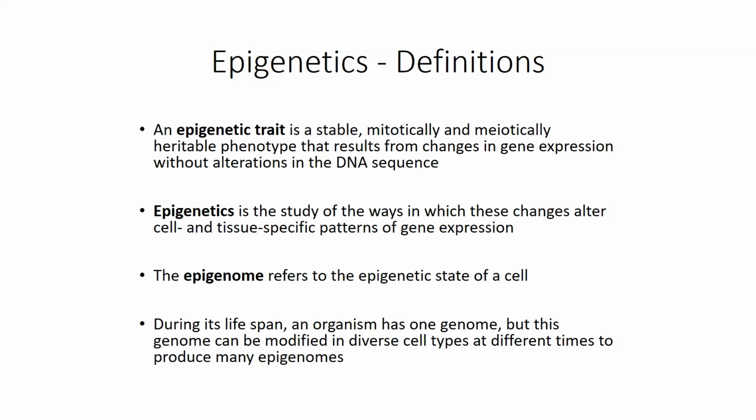The epigenome refers to the sum of all the epigenetic changes that are occurring in a cell, in a tissue of cells, or in an organism. Those are some of the definitions that we'll be using in this video.